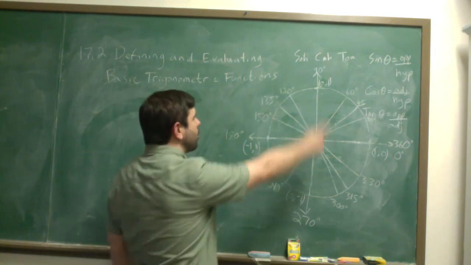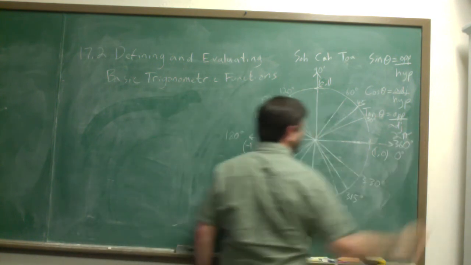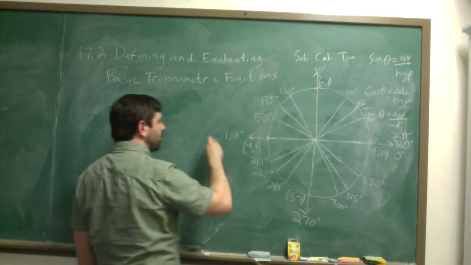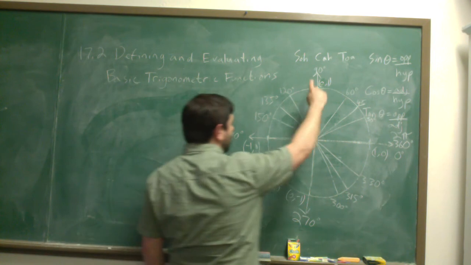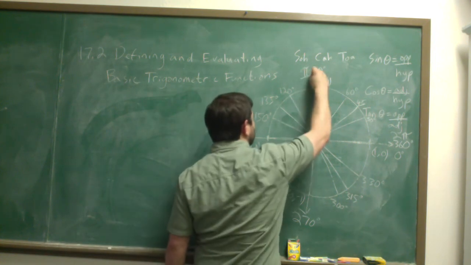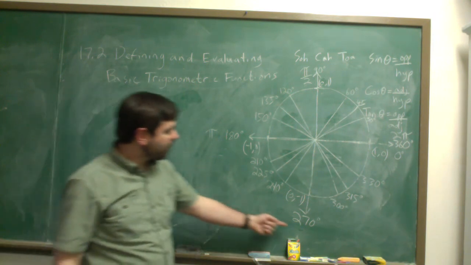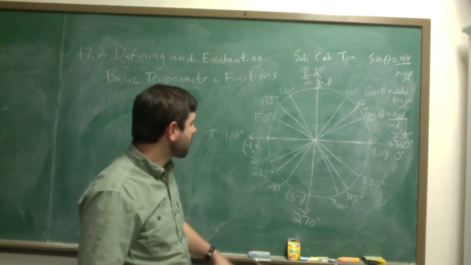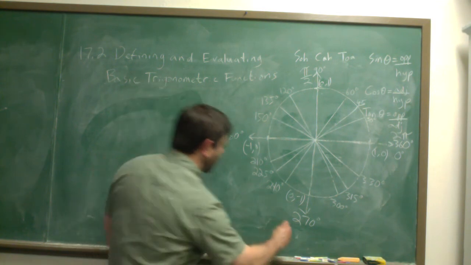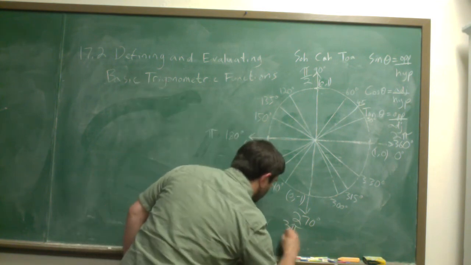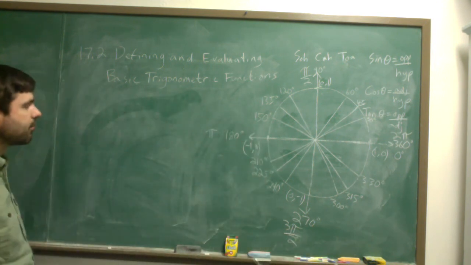So if it fits around the whole circle 2 pi times, it's going to fit around half the circle pi times. It's going to fit around 90 degrees, well, half of pi, pi over 2. And it's going to fit around 3/4 of the circle, 3 pi over 2. That's 1.5 pi.